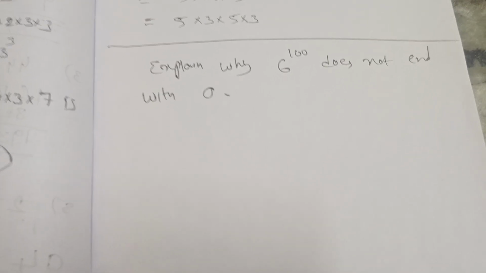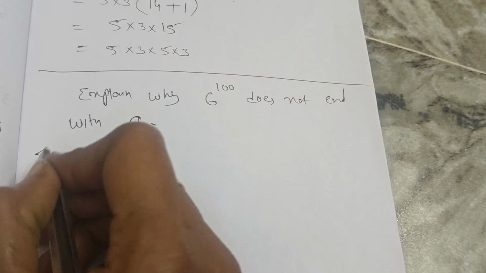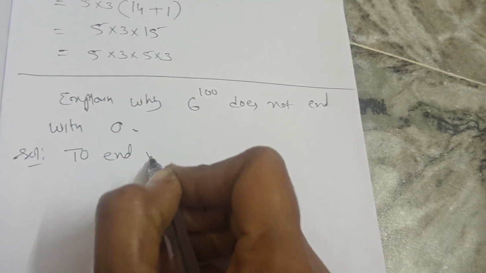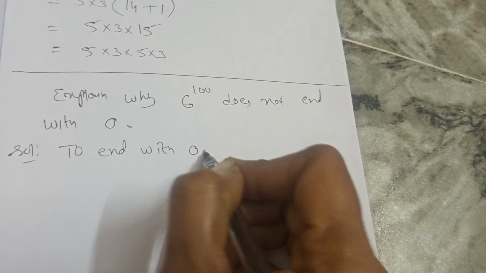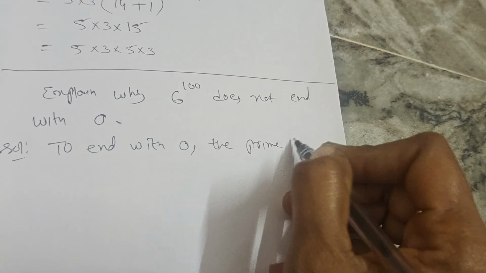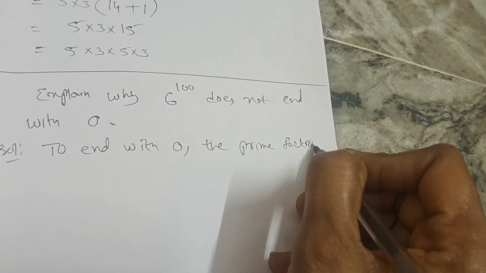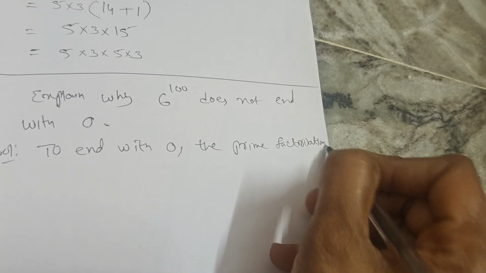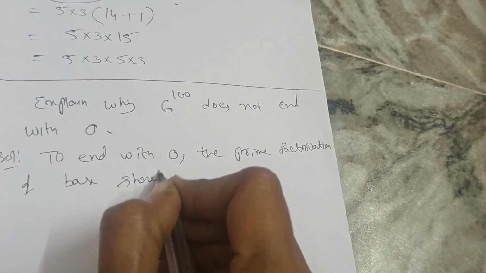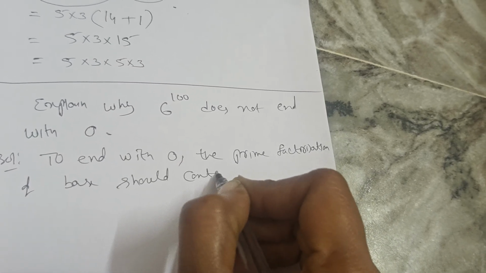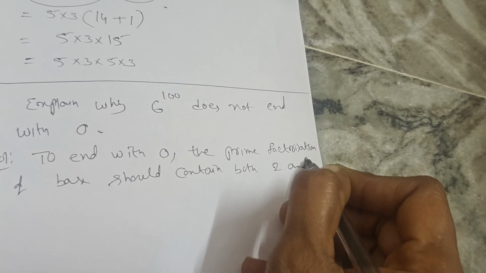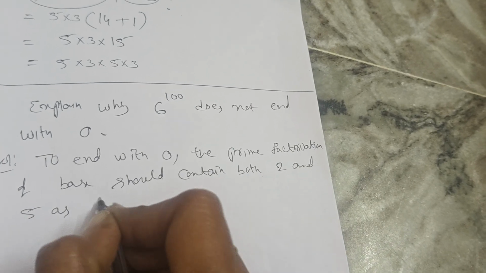Here we have one rule. To end with 0, the prime factorization of the base should contain both 2 and 5 as factors.